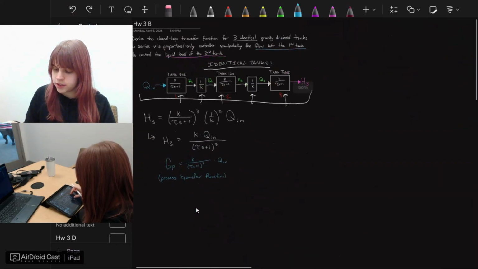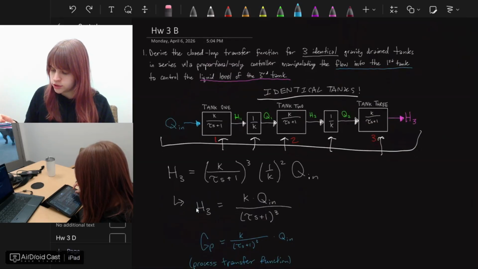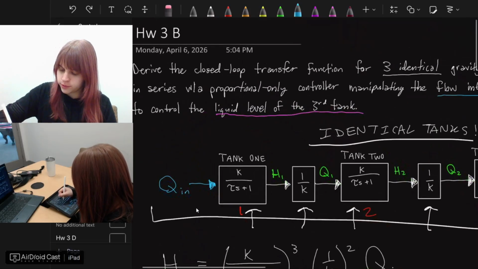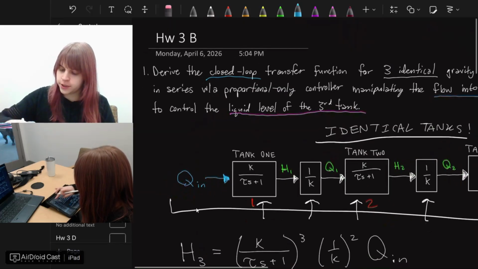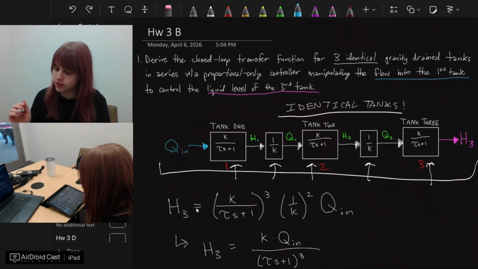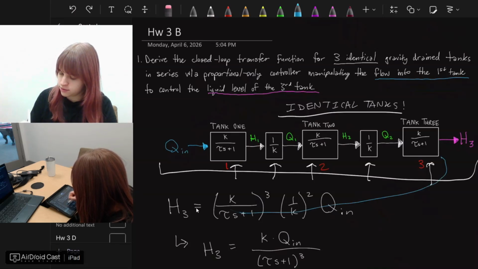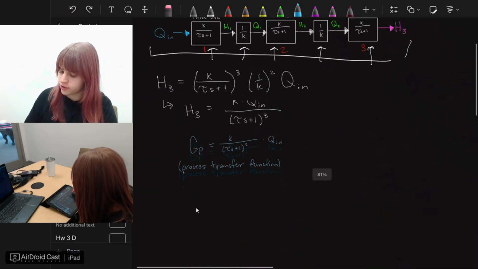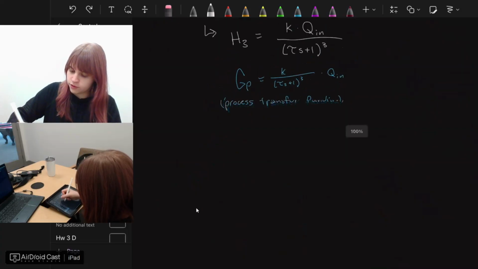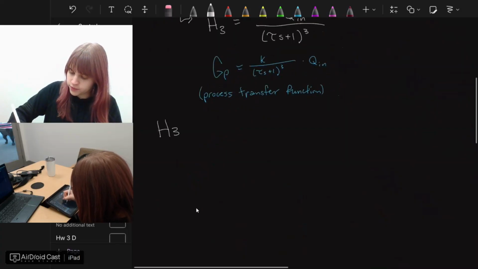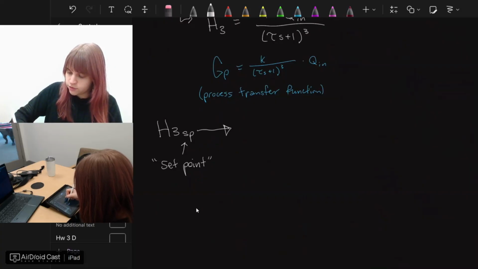And we have to keep in mind that we are doing a closed loop transfer function here. Basically what that means is we have continuous feedback going in a loop in order to reach our set point. So we would have our H3 set point going into the process.